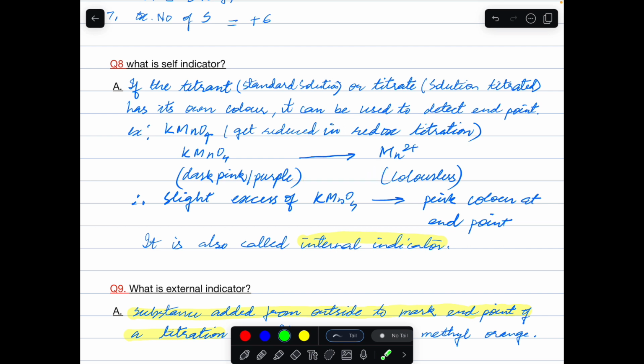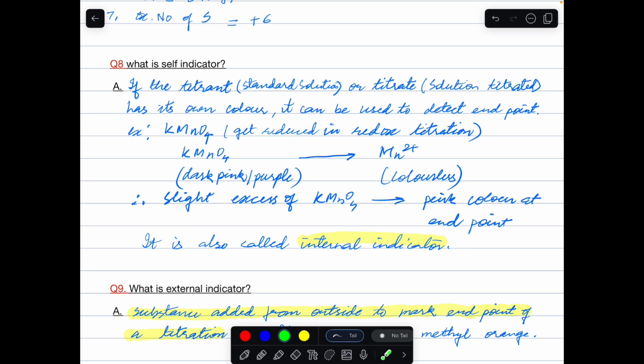Even if we add one extra drop of potassium permanganate, or have a slight excess, we will get a very light, nice pink color, which is the indicator that the oxidation reduction reaction, or the redox reaction, is complete, and now potassium permanganate is in slight excess, that is, it is unused.